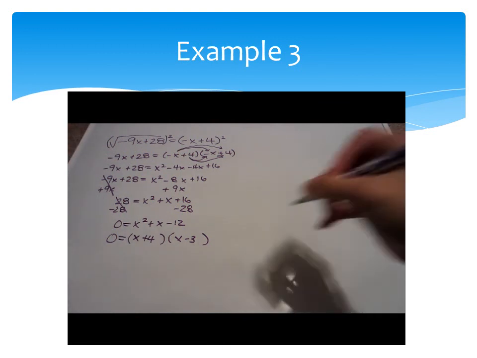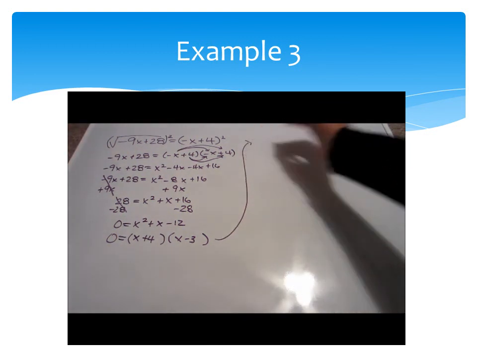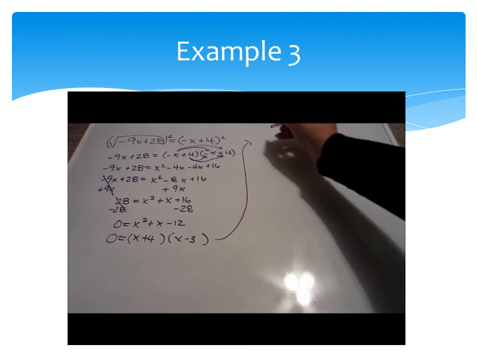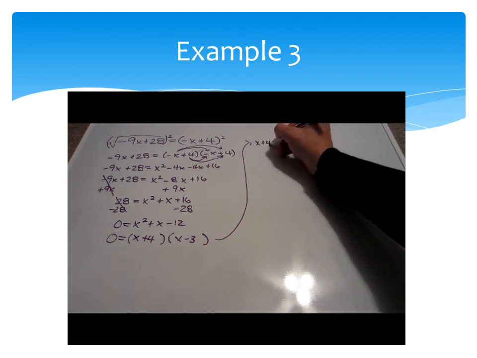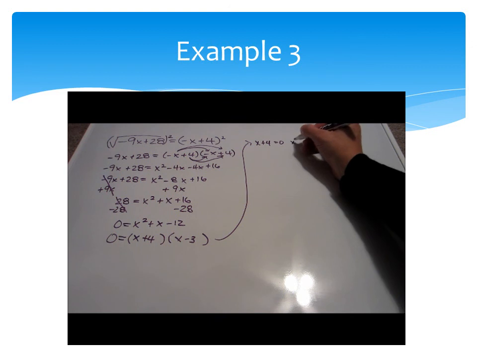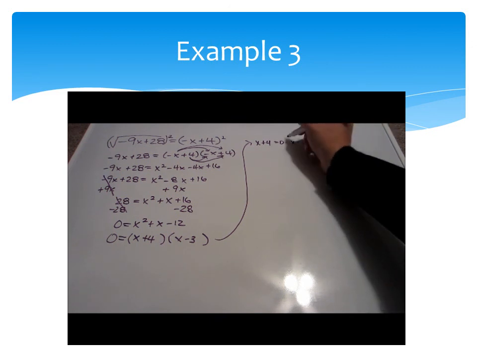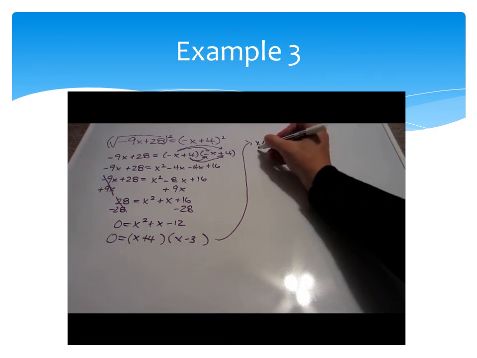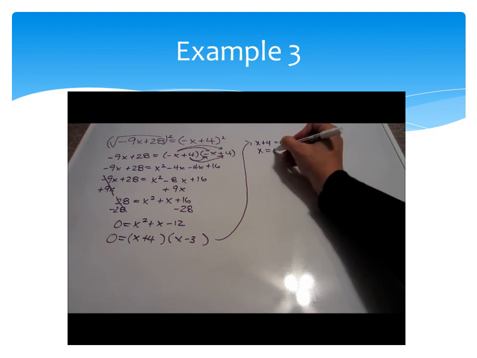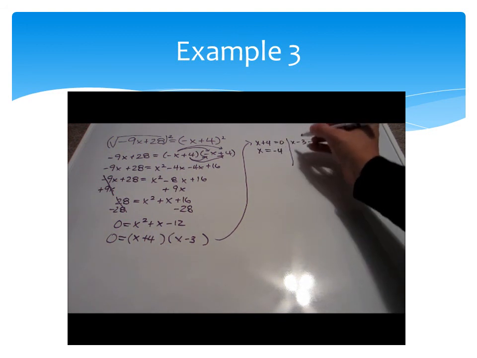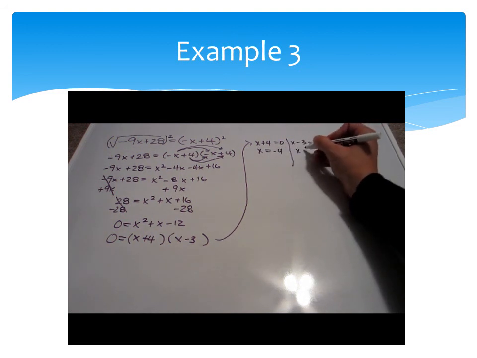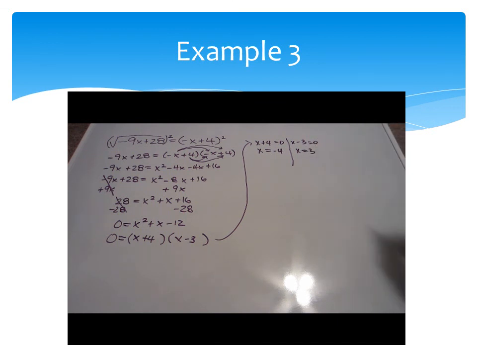Moving up to the top, we need to set both of those equal to 0. So x + 4 = 0, and x - 3 = 0. We solve the first one by subtracting 4 from both sides, which gives us x = -4, and the second one by adding 3 to both sides, which gives us x = 3.